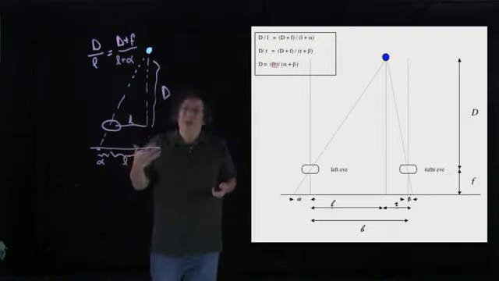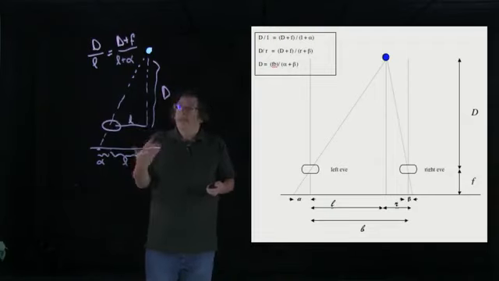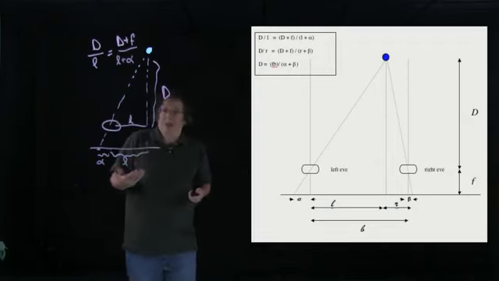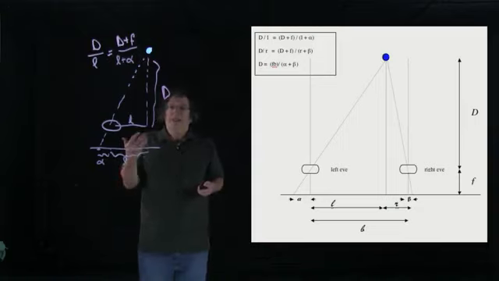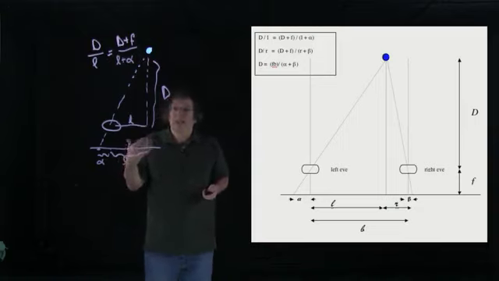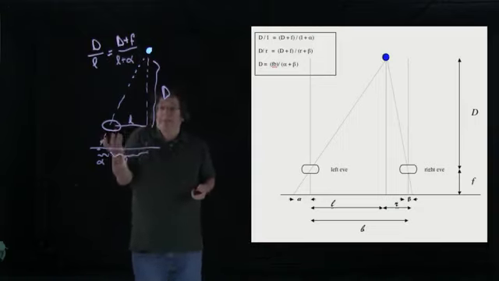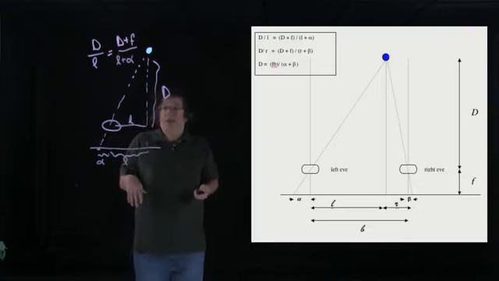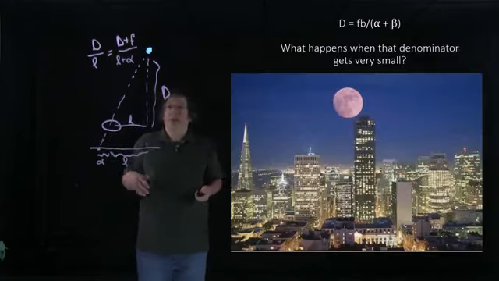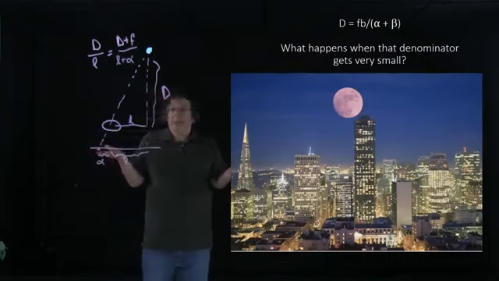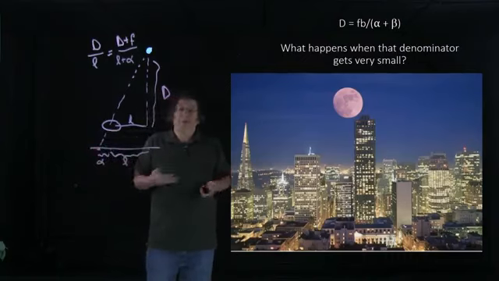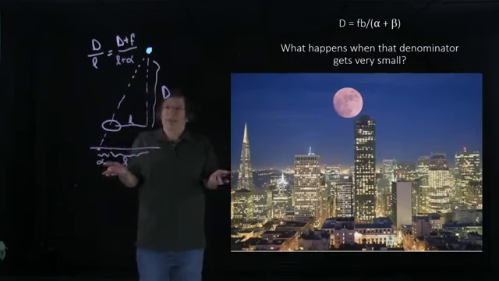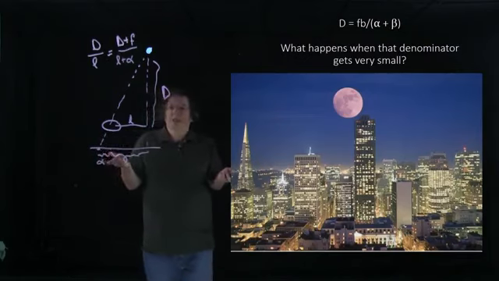When objects get very, very far, we can't really use binocular vision to determine how far they are. And sometimes when objects get really, really far, this kind of algorithm becomes effectively useless. An example of this is looking at the moon. The moon is so far away from us that it's hopeless to use binocular vision in our eyes to determine how far the moon is.